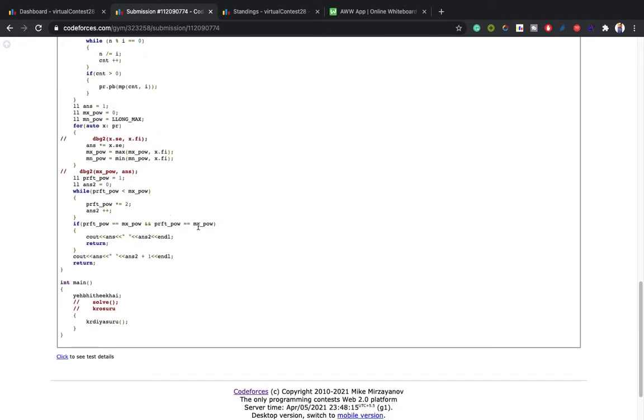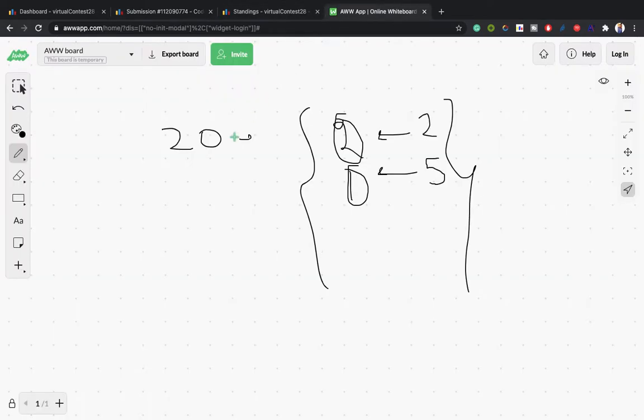Now, I have the max power for the given n in max and the minimum power in min. If the perfect power is 2, like I explained in the case of 100, let's take 900. In 900, 2 raised to power 2 into 3 raised to power 2 into 5 raised to power 2, here the maximum is 2 and the minimum is also 2.